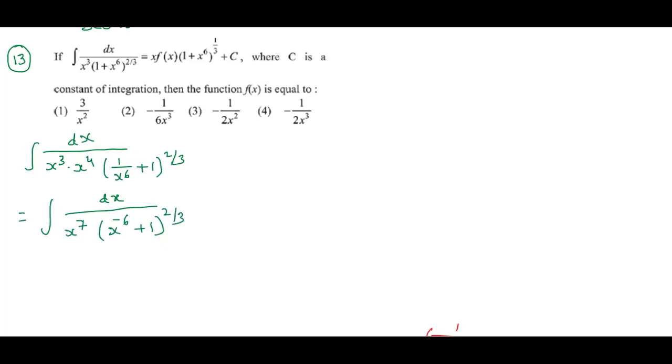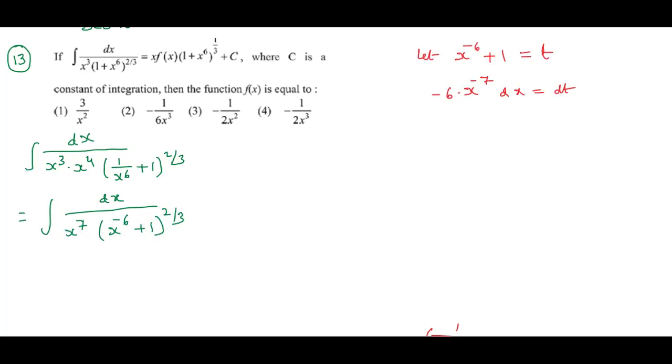So now let x power minus 6 plus 1 be equal to t. Apply the differentiation. Minus 6 into x power minus 6 minus 1, that is minus 7, dx is equal to dt.